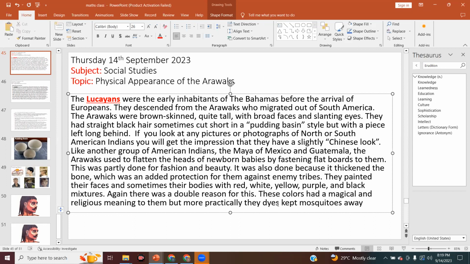So not only did they do it for religious reasons, but also the dyes kept the mosquitoes away.